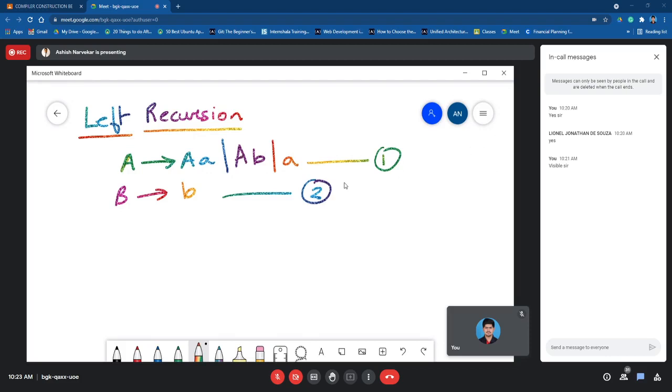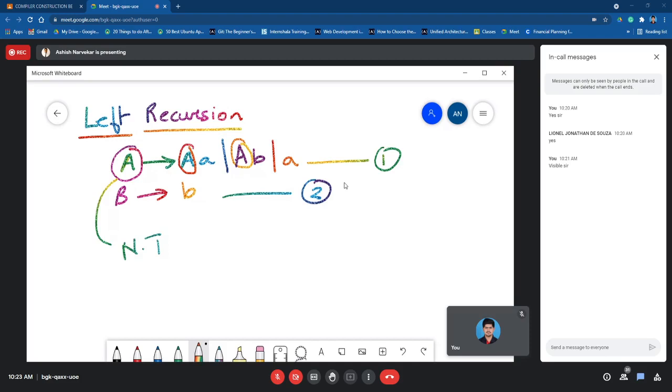So in this case, what we can see is that whatever is there on the left hand side is appearing on the right hand side of the production as the leftmost symbol. It's obvious that on the left hand side, it's always a non-terminal, correct?